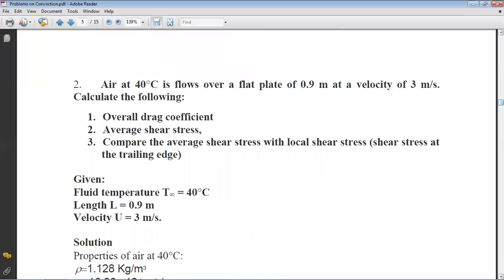Again, the fluid is air. You need to get the values of air properties at 40 degrees Celsius.